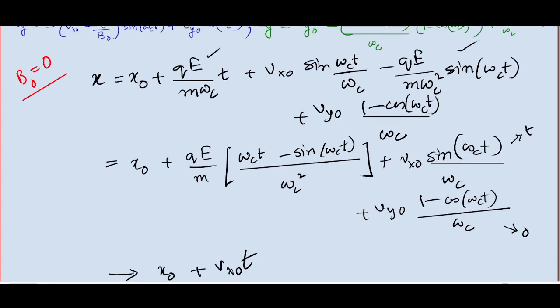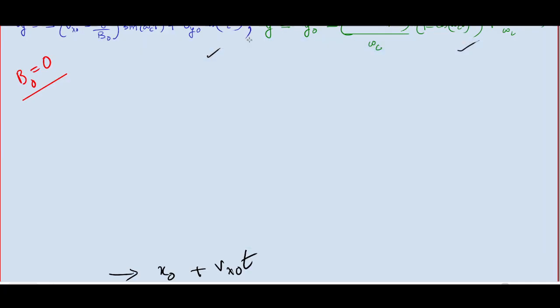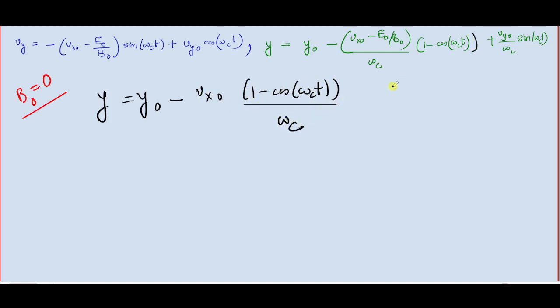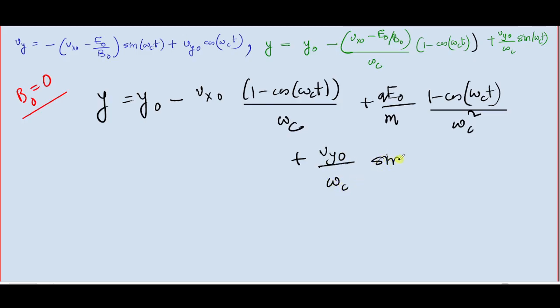Let us now clear the deck once again to do the calculation for y. Now y in the same limit becomes y equal to y0 minus Vx0 into 1 minus cosine omega ct by omega c plus E0 by B0, that is Q E0 by m omega c, and another omega c is already there, 1 minus cosine omega ct by omega c square plus Vy0 by omega c sine omega ct.